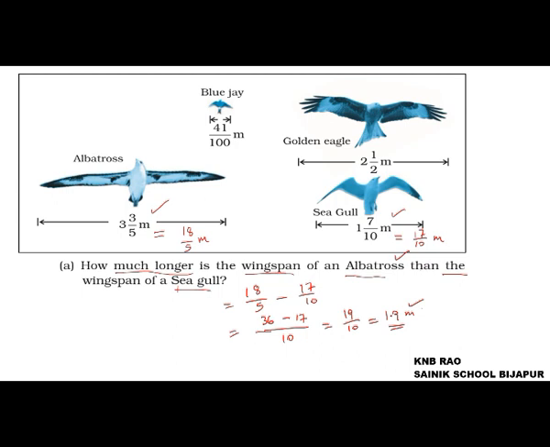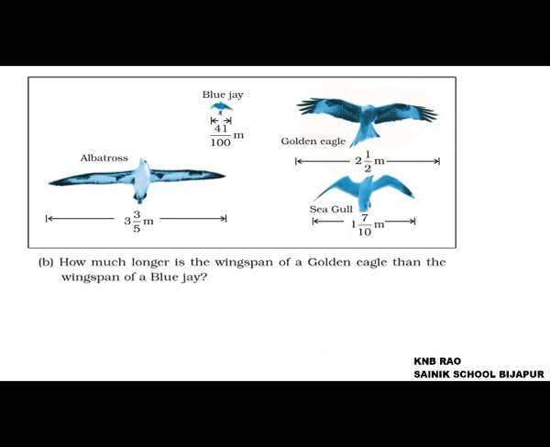Now coming to sub question B. In sub question B, in the same way we are asked to find how much longer is the wingspan of the golden eagle than the blue jay. That means now we are asked to compare golden eagle and blue jay. Converting the golden eagle's wingspan into an improper fraction, it is 5 by 2 meter. Now you need to find how much extra the golden eagle has got as a wingspan than the blue jay.